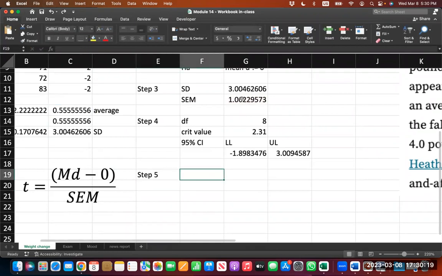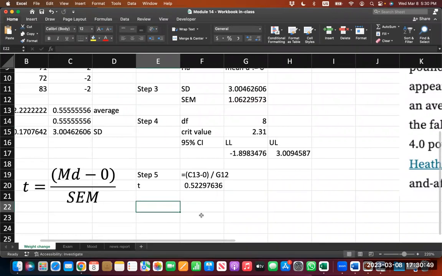Well, let's actually do that. So now our t here is 0.52. So we defined the critical value of 2.31. Our t is not exceeding 2.31.